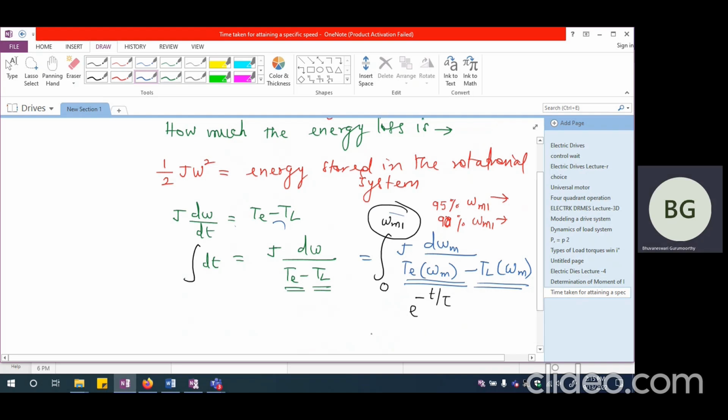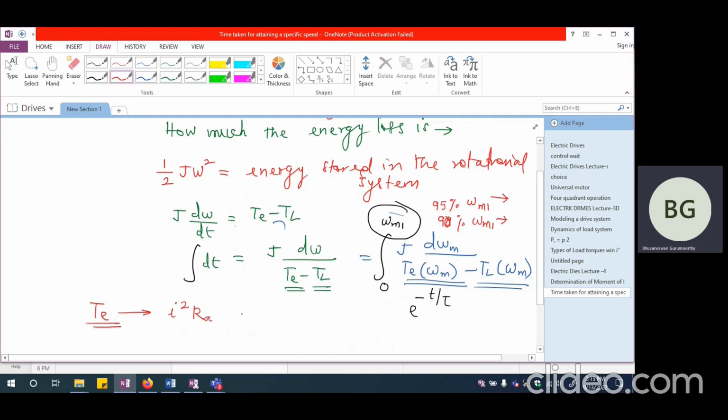When I am looking at the machine accelerating slowly, it is actually developing a torque corresponding to Te. Because it is generating a torque, obviously it is going to carry a current. So if it is carrying a current, the loss is I square multiplied by R. If it is a DC machine, I have to take RA.